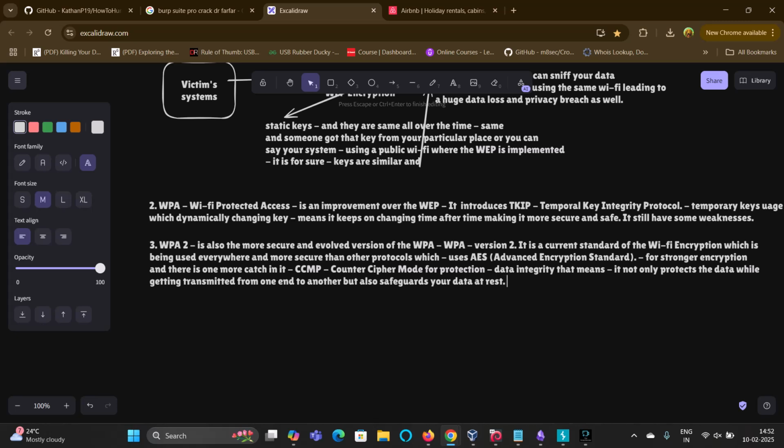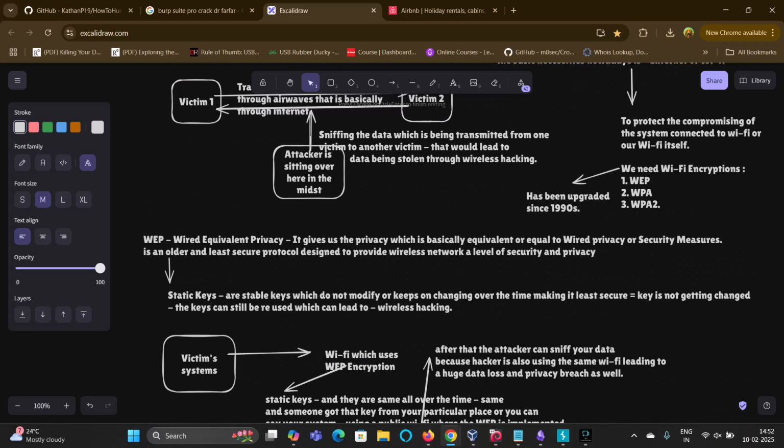That means the data you are keeping in your system is also safeguarded and secured using this particular WPA2.